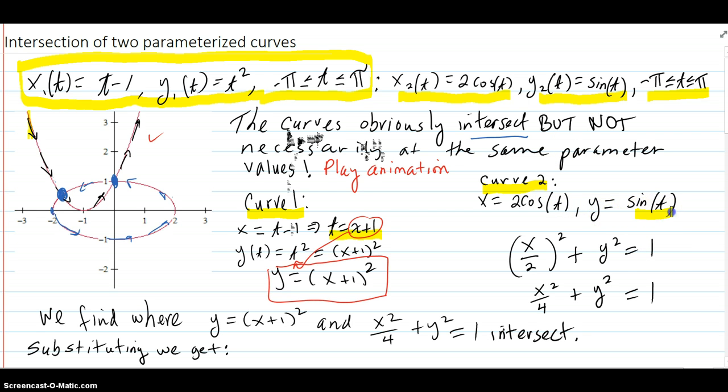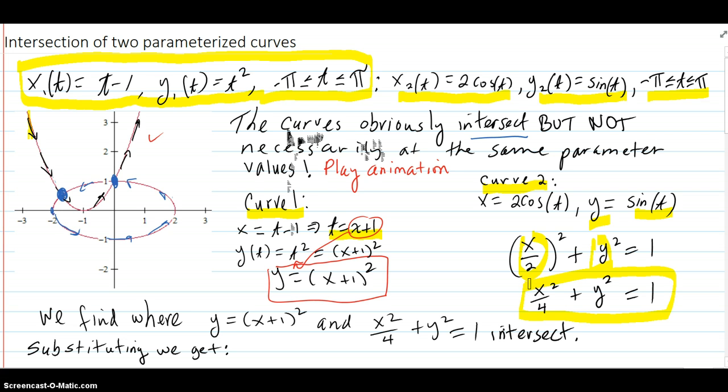The y is sine t, and this x over 2 is cosine t. So cosine squared plus sine squared is 1. So x over 2 squared plus y squared equals 1. So here's your equation in terms of x and y.